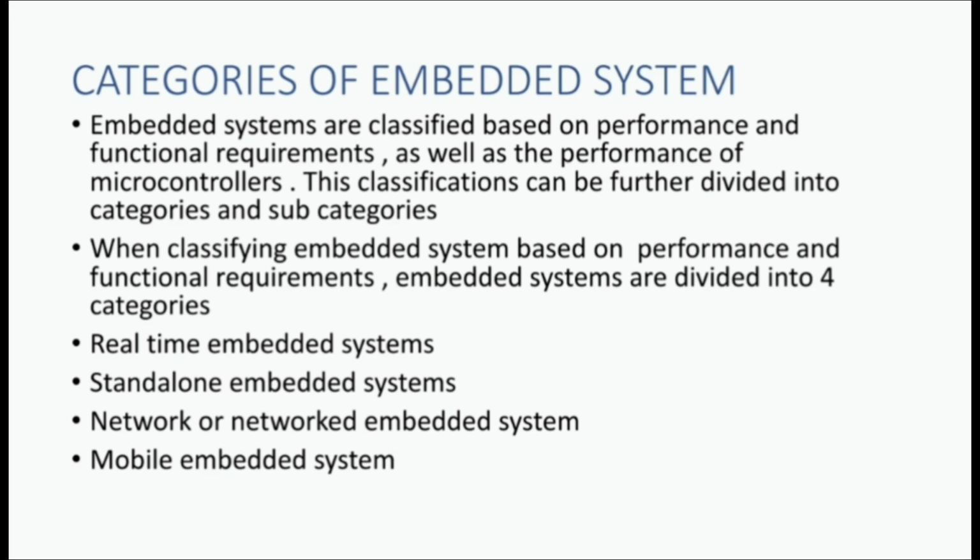Standalone embedded systems are independent computing devices that perform specific functions without needing to connect to other systems. They operate in isolation and are self-contained, designed for a particular purpose, like microwave ovens, digital cameras and washing machines.